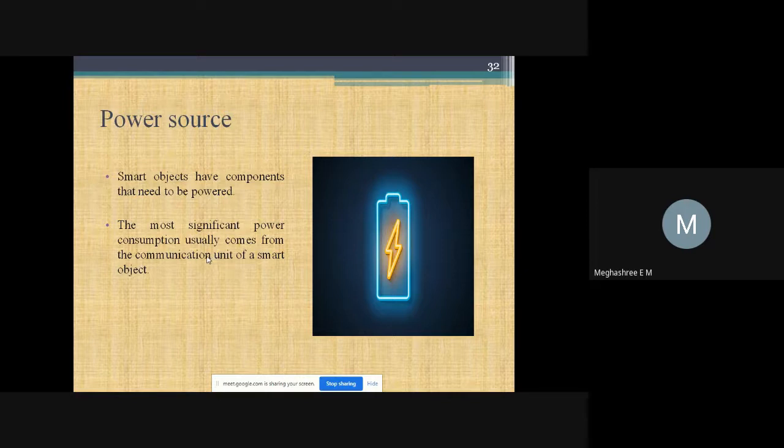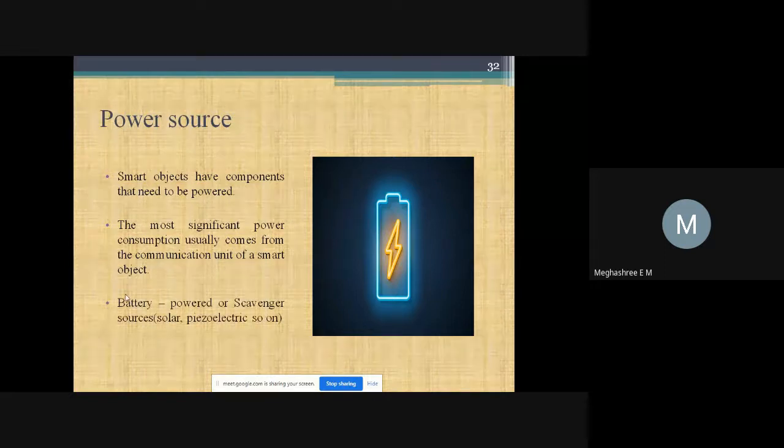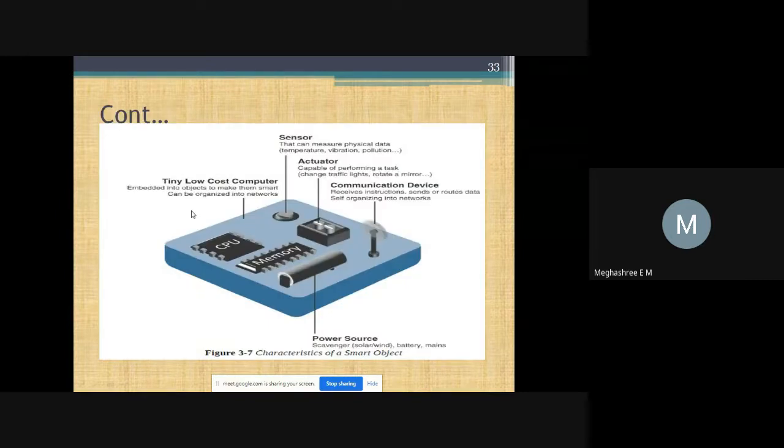If you take our cell phone, if you use Wi-Fi or internet continuously, then obviously your battery will drain out, right? So the power source is also one of the concerns when it comes to smart objects. Battery-powered or scavenger sources are used as power sources. So that is about the four characteristics.